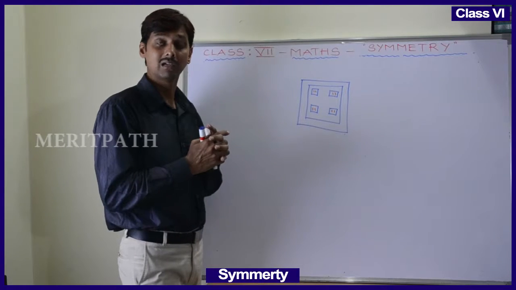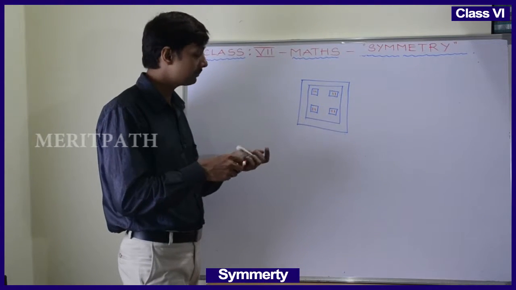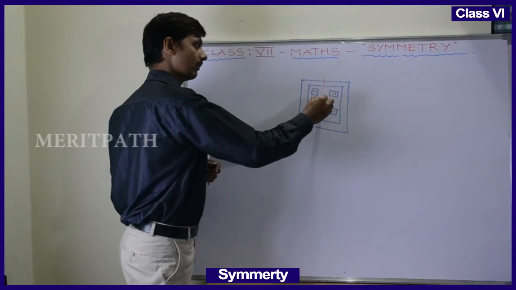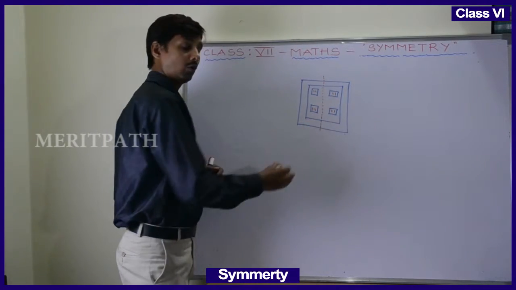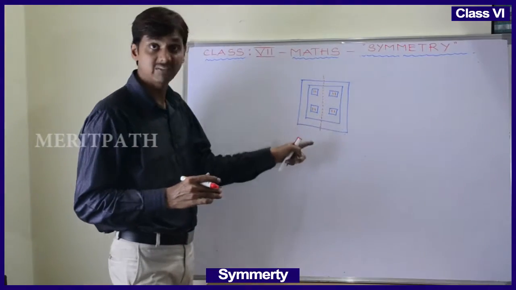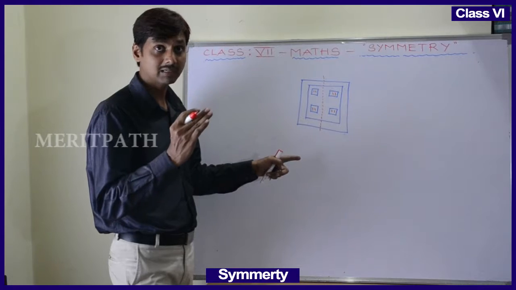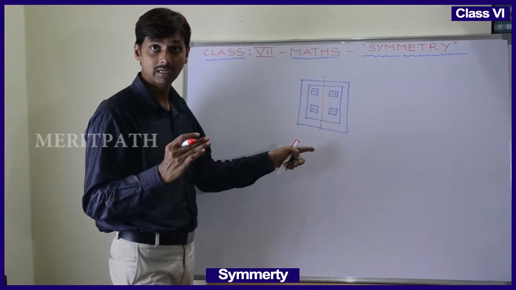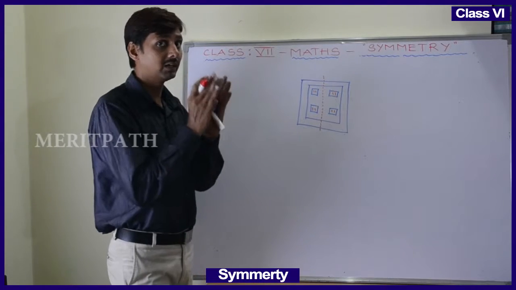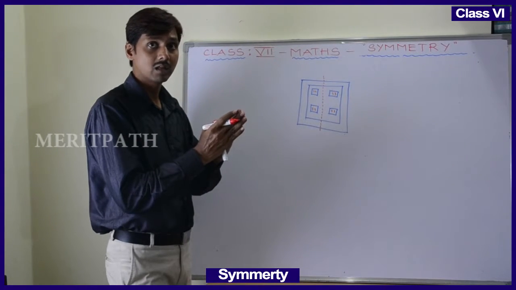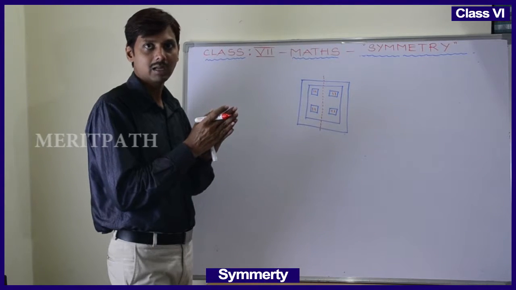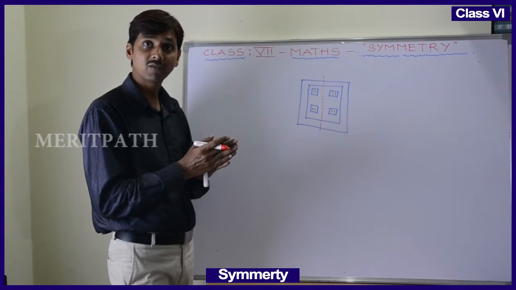This is called the line of symmetry. For example, we draw a line on this particular part, between it and the other part, and along this line we fold this figure. Then the two parts will coincide with each other, and this is called a line of symmetry.